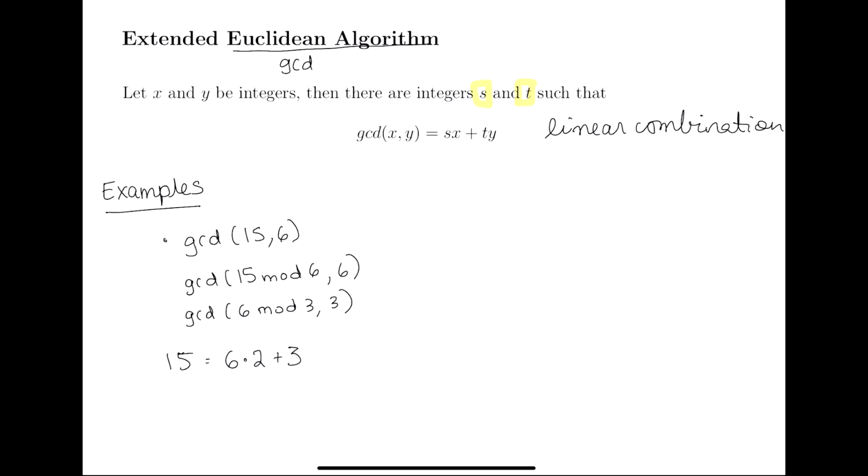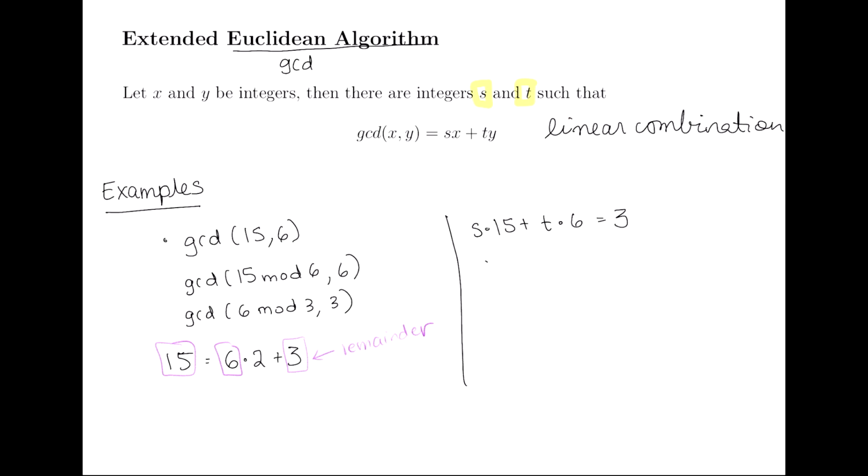Well, nicely for us, 3 is the GCD that we wanted. It's also a remainder. And then 6 and 15 are the two numbers I want to write a linear combination of. We are going to rewrite this as s times 15 plus t times 6 is equal to 3, based on this definition of the extended Euclidean algorithm.